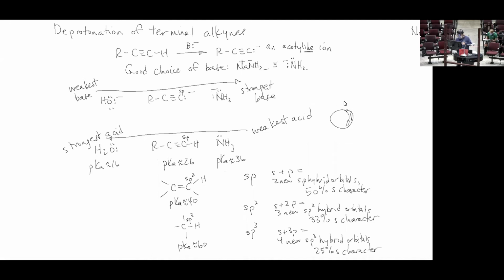So good choice for distributing negative charge or electron-electron repulsion. And why does that matter?